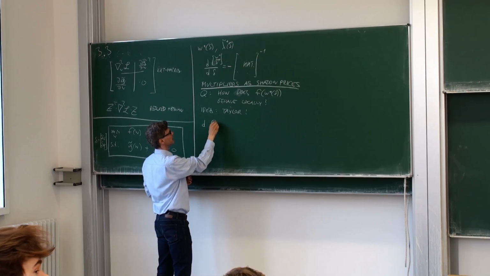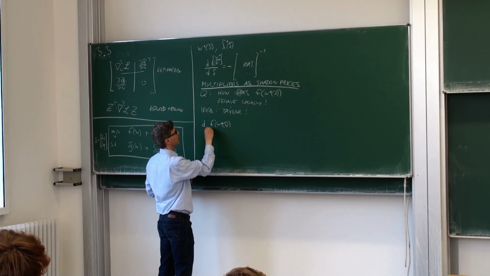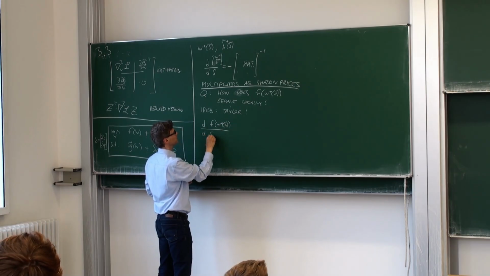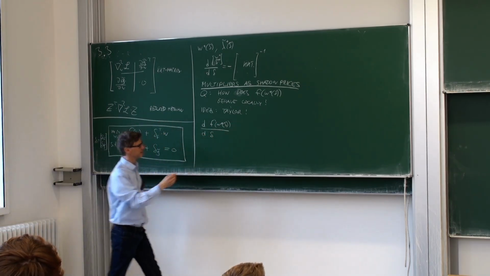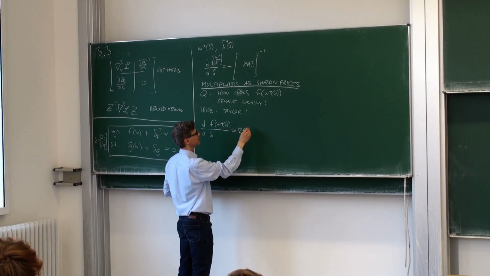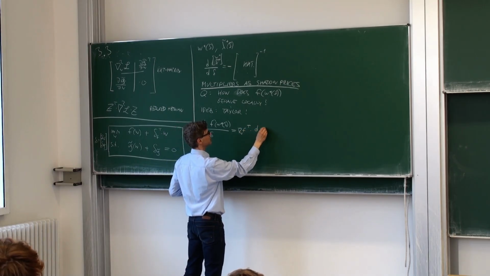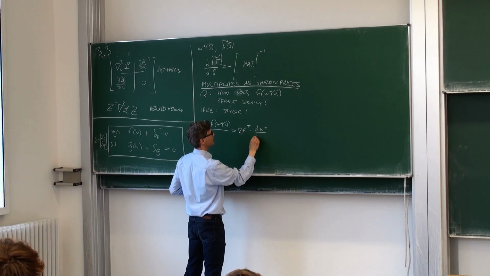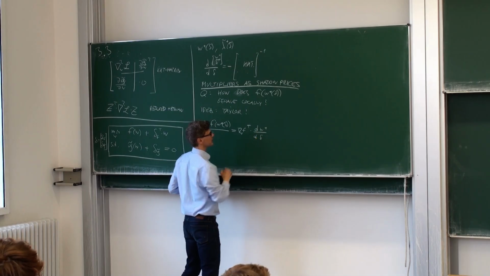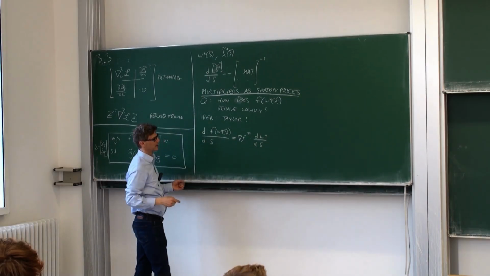So the total derivative of this expression here with respect to delta. And obviously this is nothing else than the gradient of f with respect to w transpose times dw star, differentiated with respect to delta, which is the upper part of that.